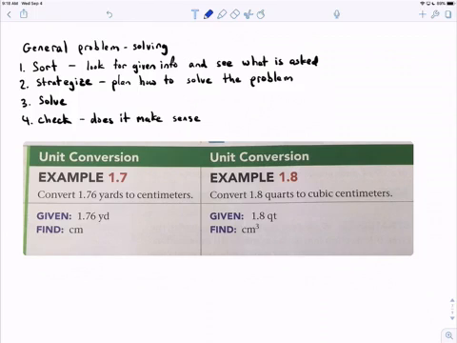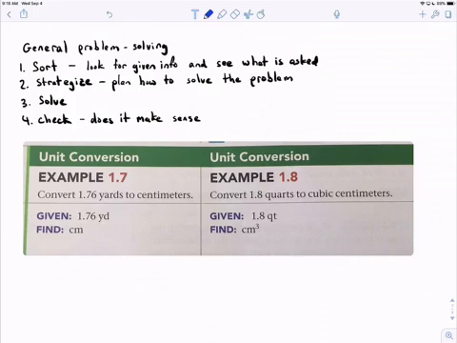When you get a problem, you have to attack it. So I guess I'm thinking very violently. Whenever I see a problem, like, all right, let's attack this problem. Let's see what's going on. I look at the problem and I think, okay, what is it they're asking? What do I know? I got to figure out where to go with this, and I got to solve it. And then after I solve it, does this make sense? And this is what the book says. So you start off by sorting it.